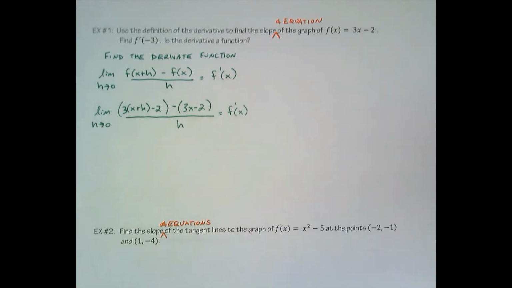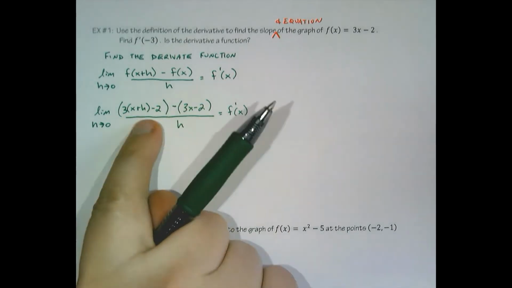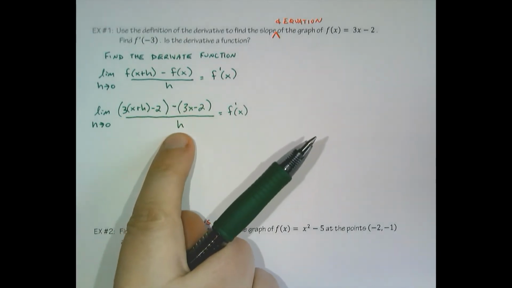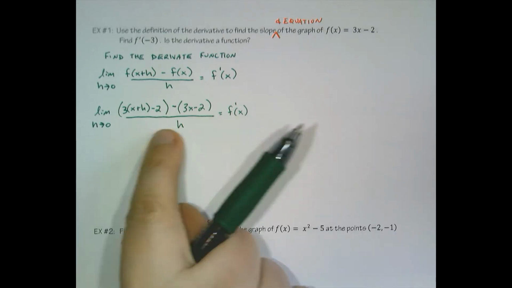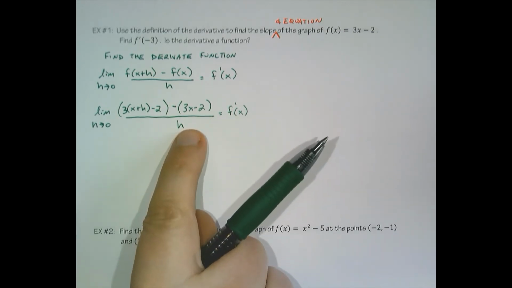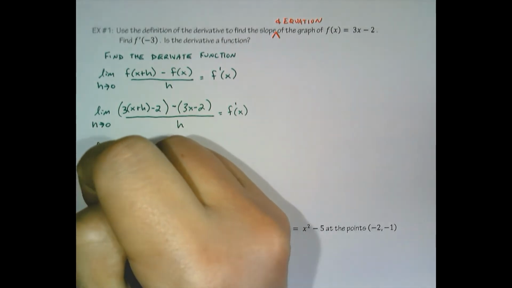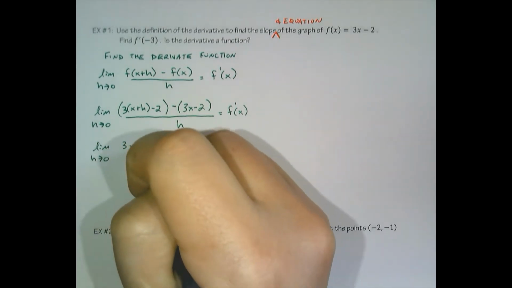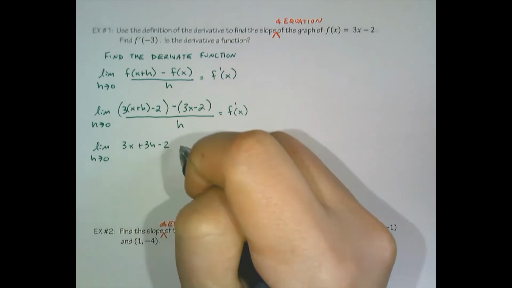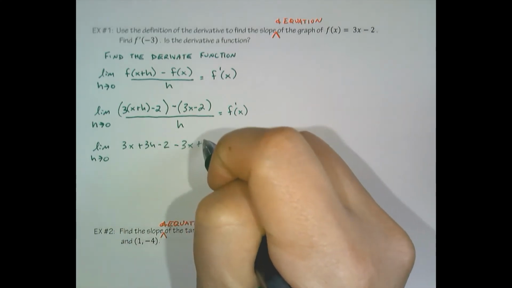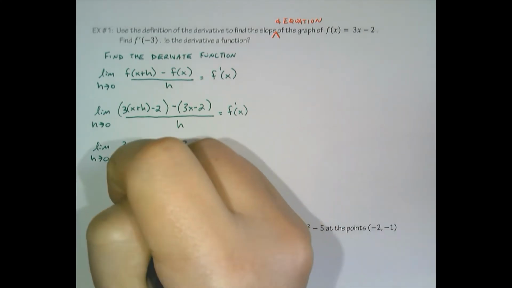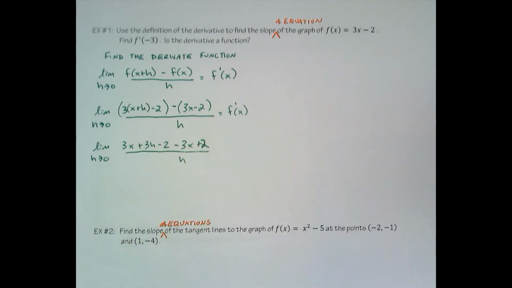And this is like the average rate of change that we did earlier in the unit. We want to simplify this to see if we can cancel that h from the denominator, because we can't plug 0 in for h. That would cause a divide by 0 error. So if I clean up the numerator, I'd get 3x plus 3h minus 2 minus 3x plus 2, all over h. And I would see things start to cancel.